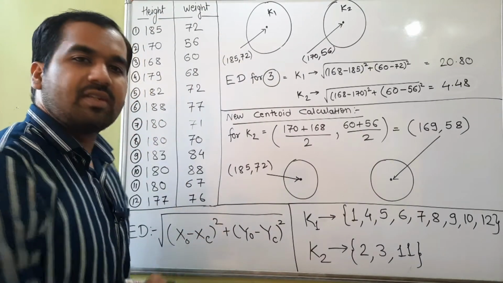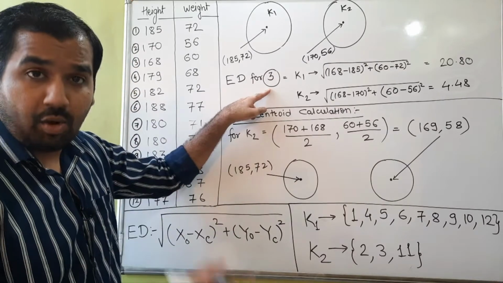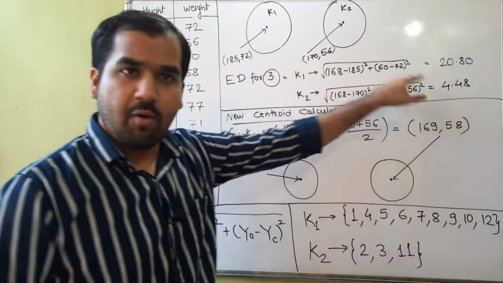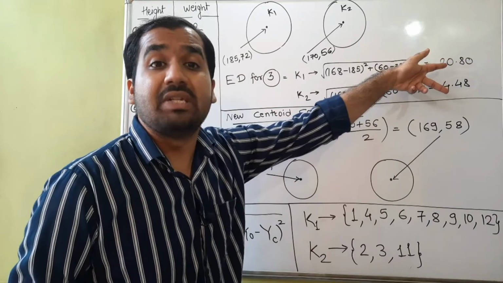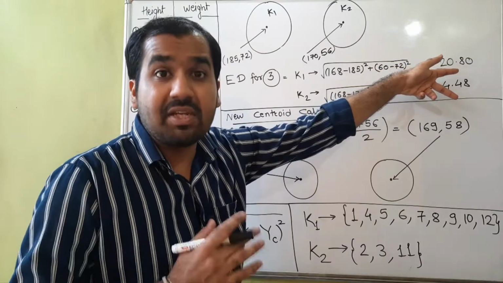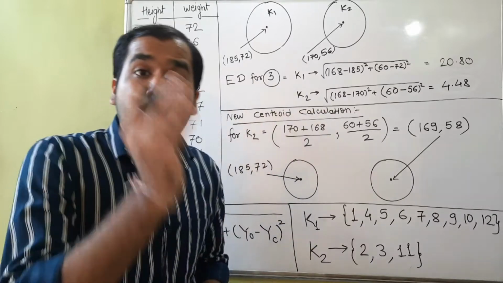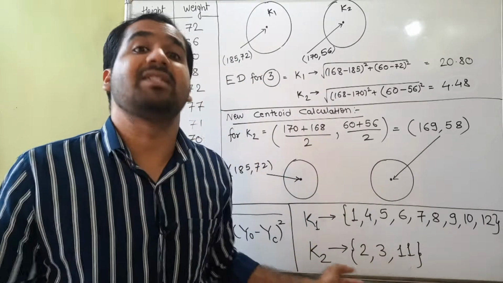Following this Euclidean distance for sample 3 of your data set, we are going to calculate values for both clusters k1 and k2, and then compare those results. We are going to select the minimum one, always the minimum, not the maximum.